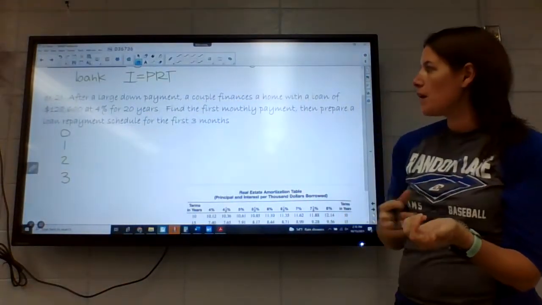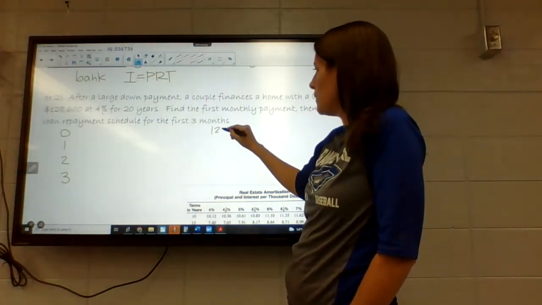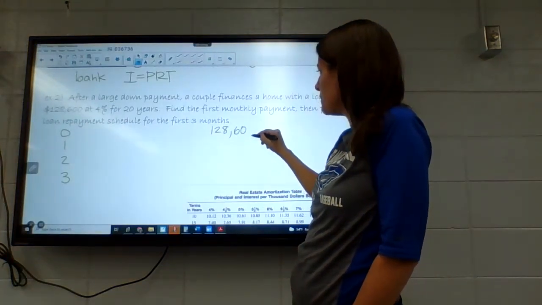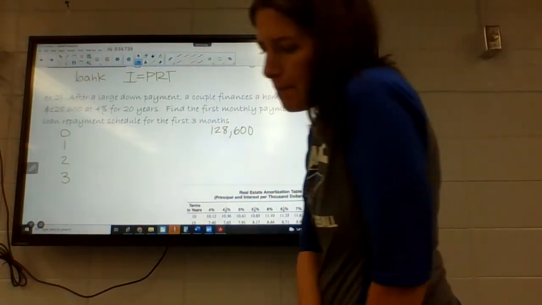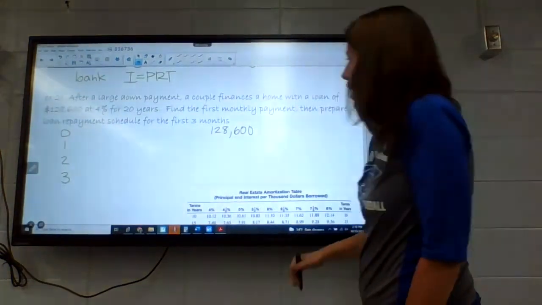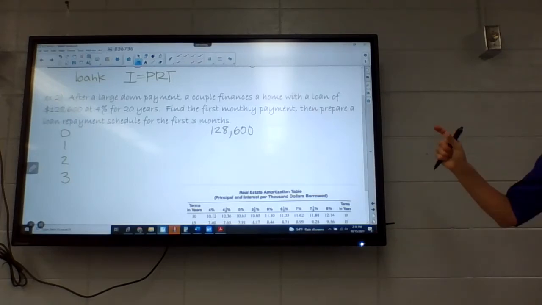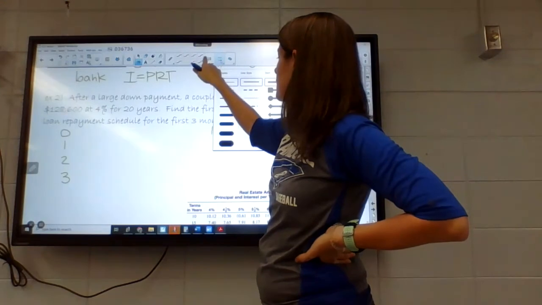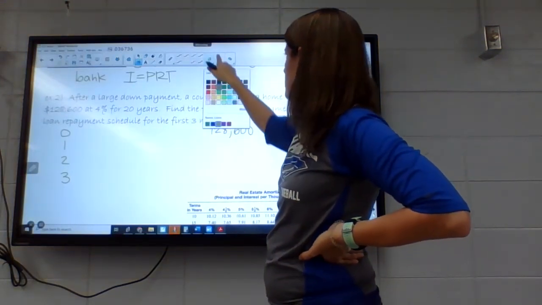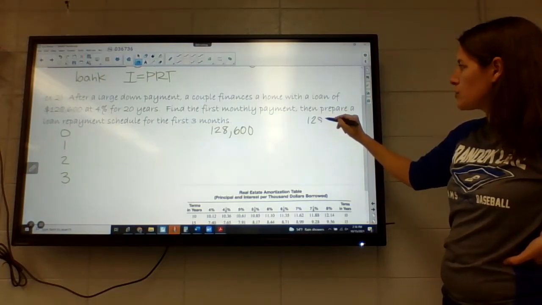Now we're starting with the $128,600. So that's our starting amount. We're at 4% for 20 years. We're going to first figure out how much per month they pay. So if you guys remember, we talked about we're going to take that number and divide it by 1,000. So off to the side here, I'm going to divide this by 1,000. So I'm going to use 128.6.